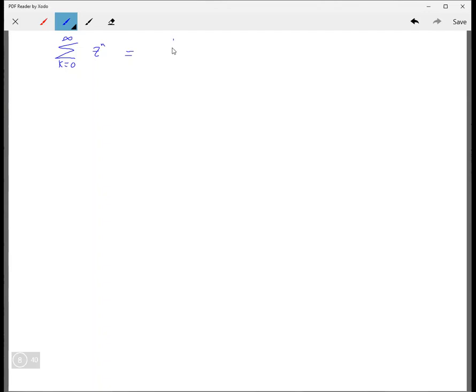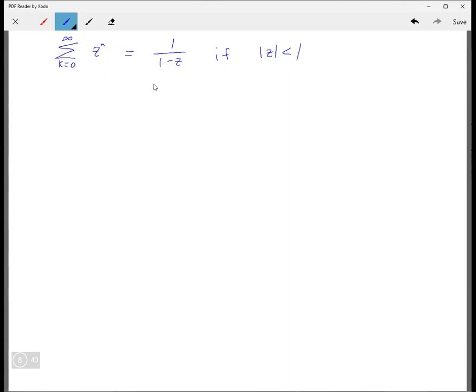That's going to be equal to 1 over 1 minus z if the modulus of z is less than 1. So just like the series with real numbers, if you have r to the n, it's 1 over 1 minus r. You might remember that. That's true if modulus of r is less than 1. If modulus of r is greater than or equal to 1, then this is going to diverge.